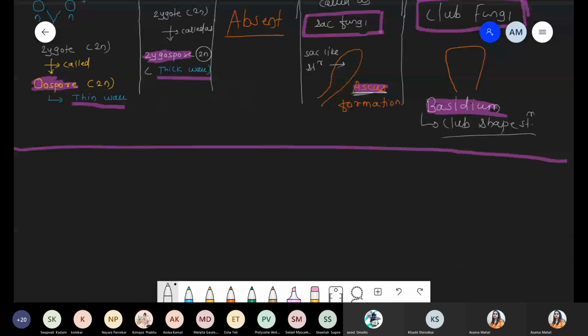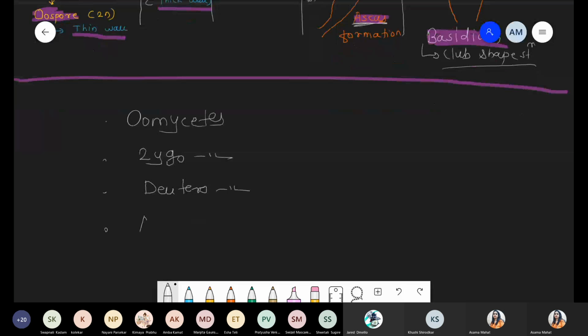We discussed ओमाइसीटी, उसके बाद हमने देखा जाइगो, then we discussed डिटेरो, then ascomycetes, and finally basidiomycetes.